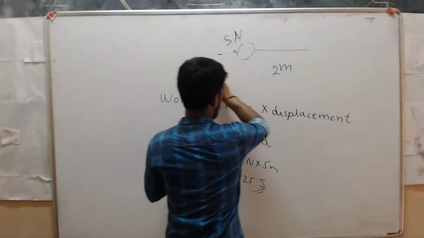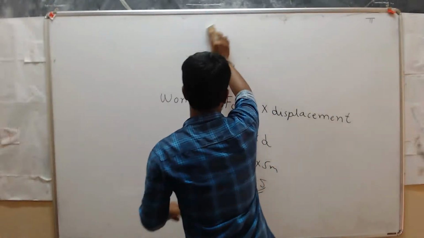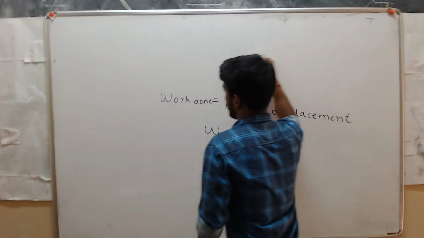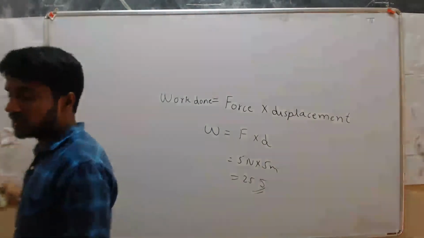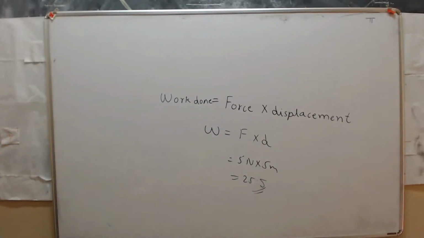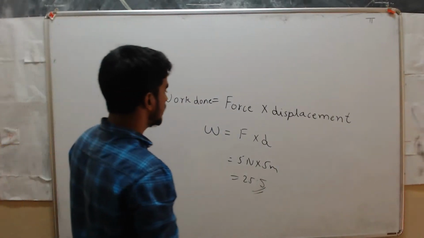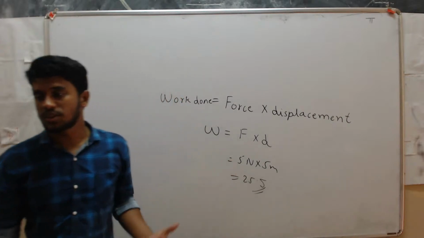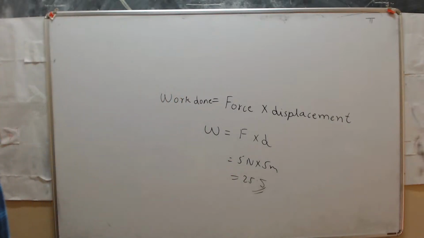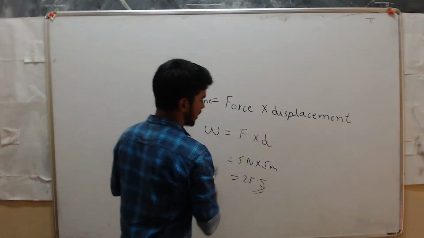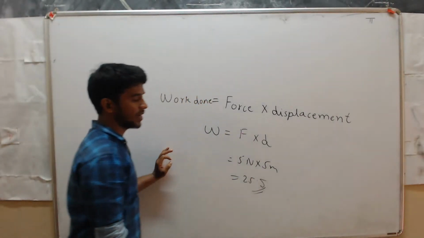So when do we say that work is done in science? If you apply a force on an object, and that object covers some distance, then you can say that work is done. Okay, so now tell me which quantity work done is. Here force is a vector quantity, displacement is also a vector quantity.